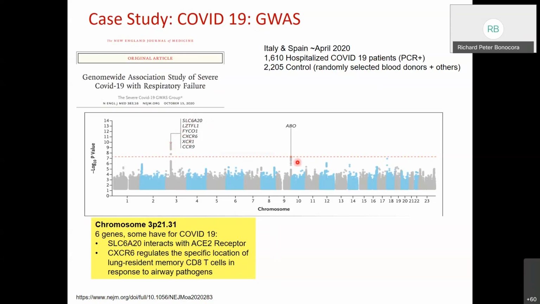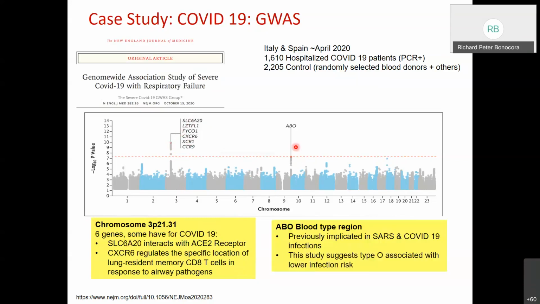Now the other one over here, ABO, is the ABO blood type region, and it looks like it's on chromosome 9 because it's gray. This has been implicated in SARS, and I'm not using the SARS-CoV-1 or 2 designations here, because SARS-CoV-1 is the earlier outbreak and SARS-CoV-2 is COVID-19.